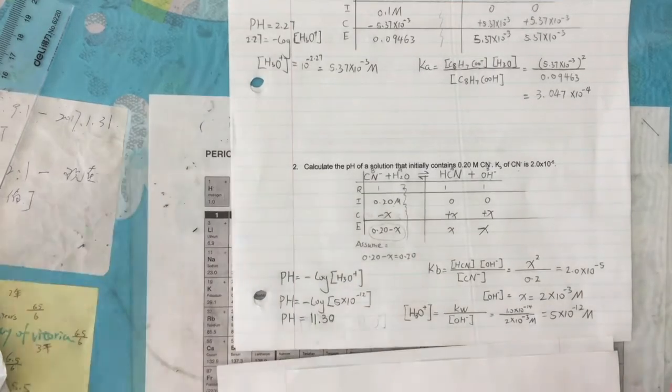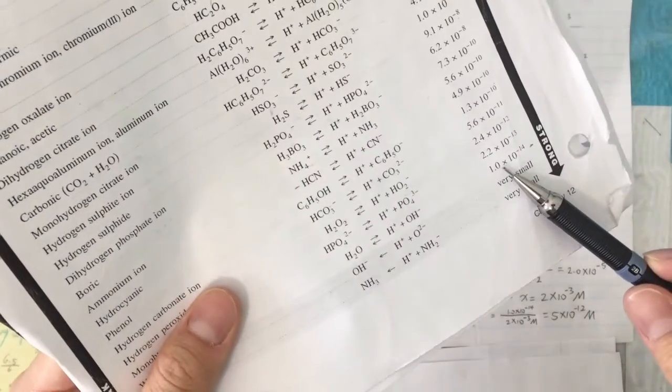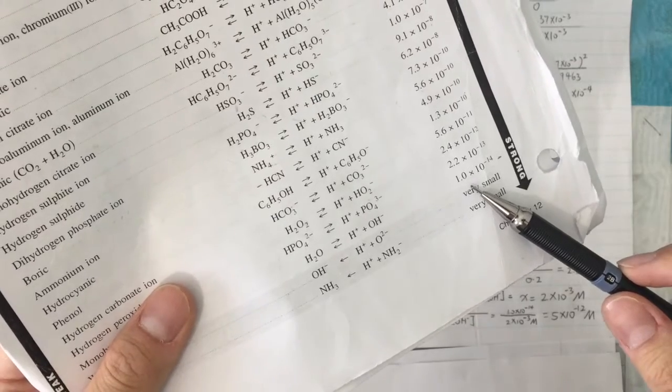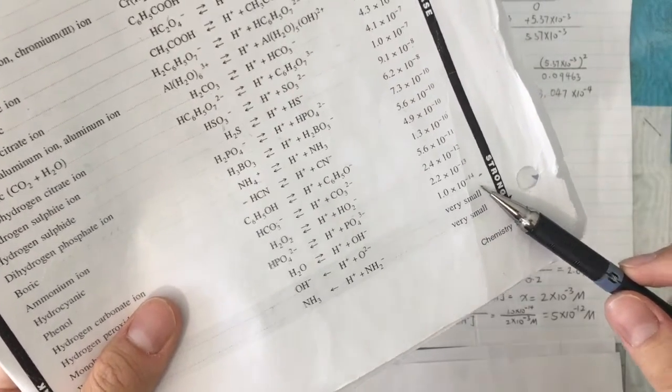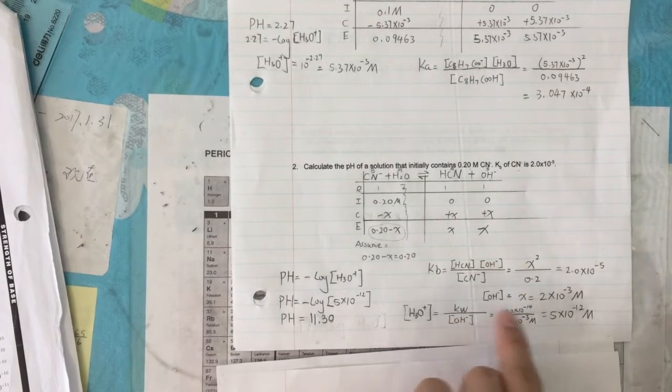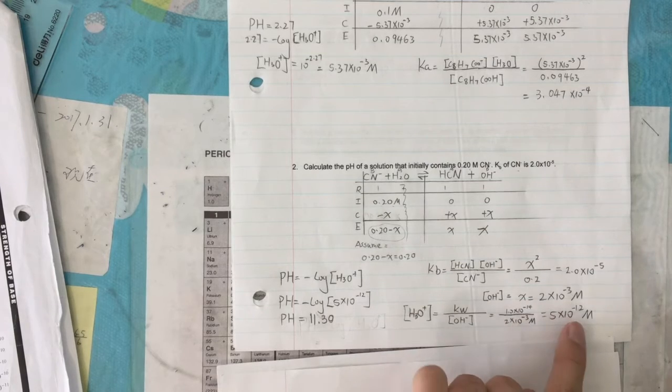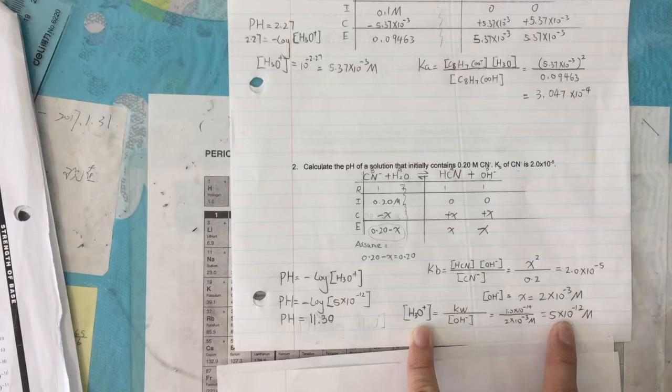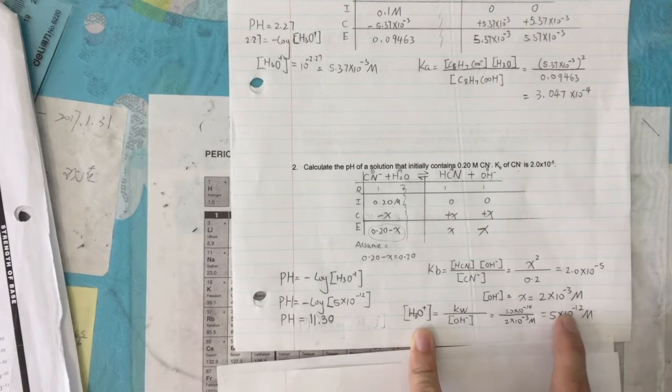Kw value, we don't know that? If we don't know that, we just check the periodic table: 1.0 times 10 to the negative 14. Now we use the Kw value to divide by the OH minus concentration, and we get the concentration of H3O plus, which is 5 times 10 to the negative 12.